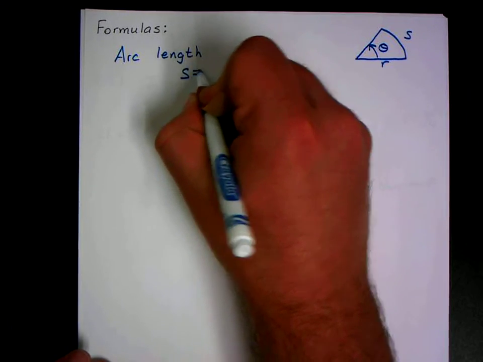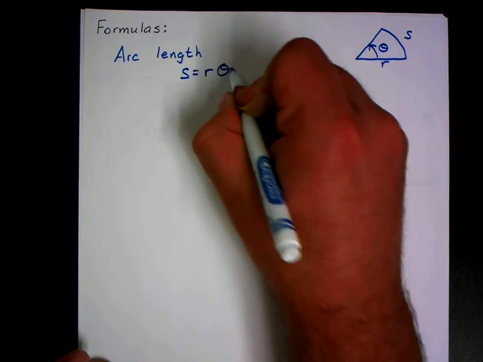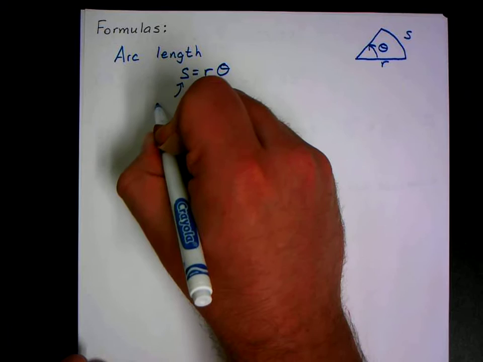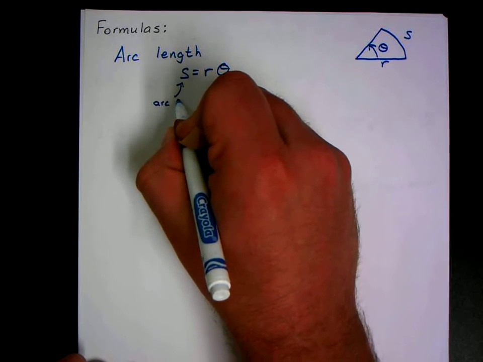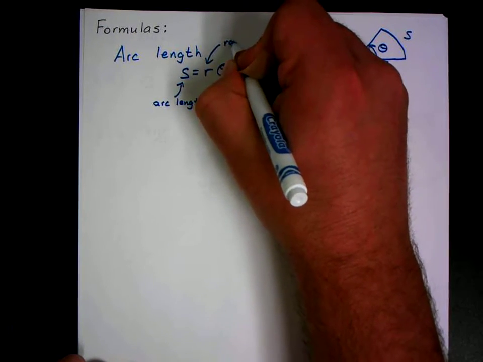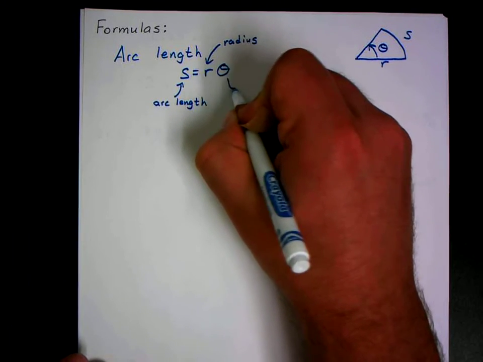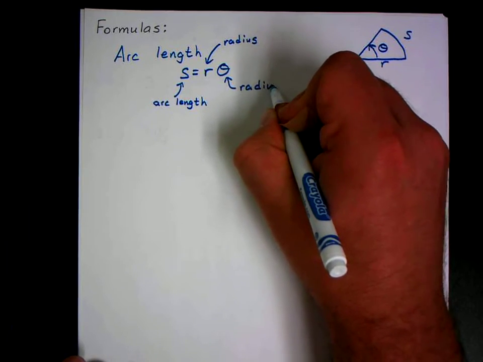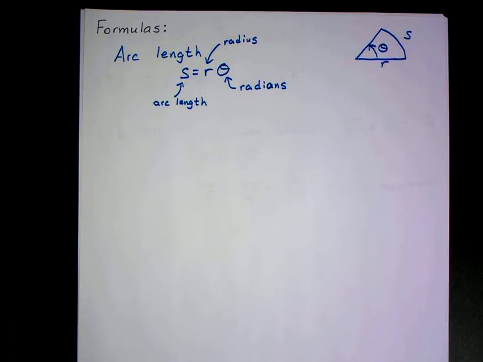So arc length is equal to radius times theta. Theta is your angle in radians. The formula gets a lot more complicated if you put it in degrees, so if you're given an angle in degrees, they want you to convert it to radians.